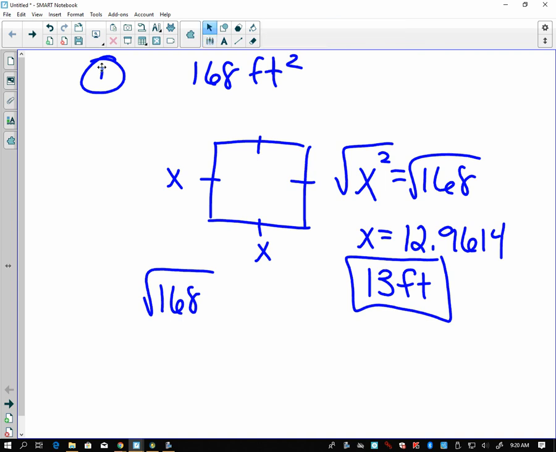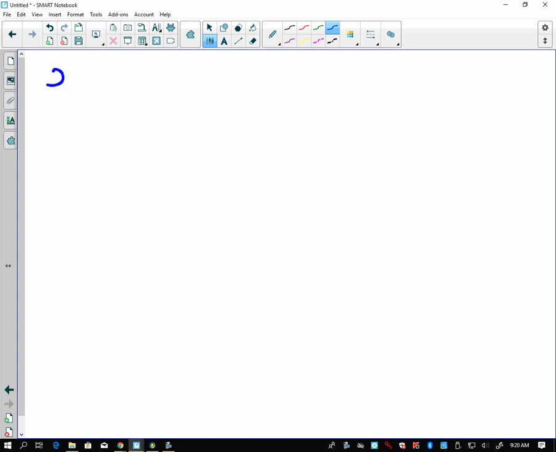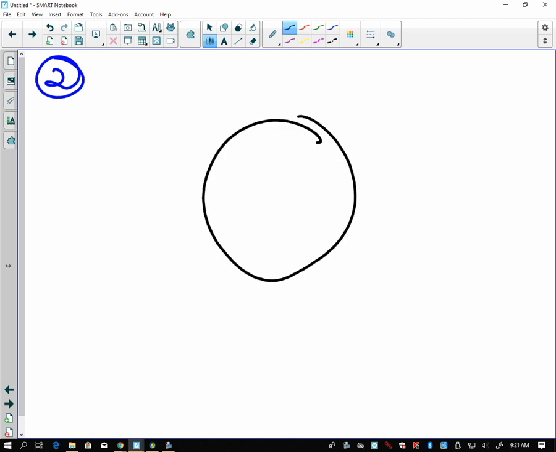Okay, let's move on to another question. Let's look at question number 2. They're going to give you an experiment. They're going to show you something that looks like a spinner with 1, 2, 3, 4, 5 as equal parts.